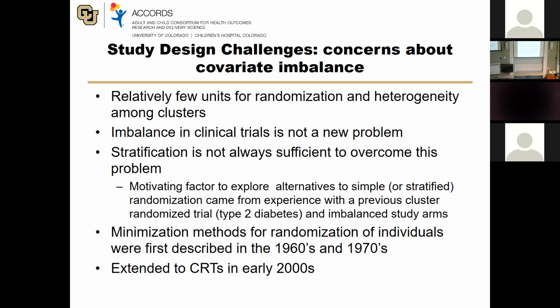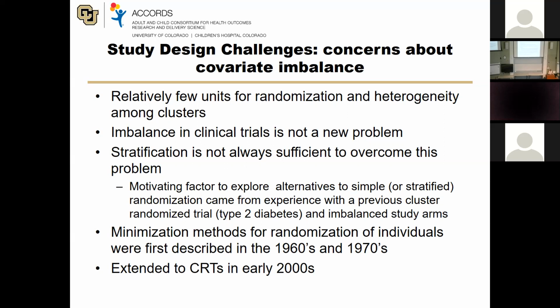So addressing one of our largest concerns at the design stage of the study and the initial implementation stage of the study, we had relatively few units for randomization, and there was a lot of heterogeneity among the clusters.